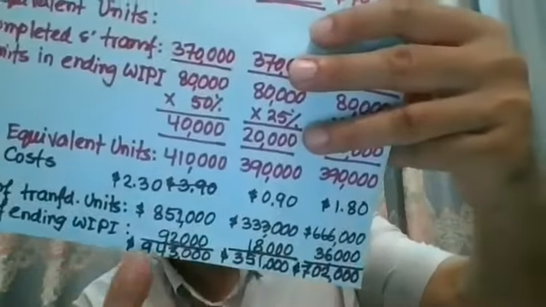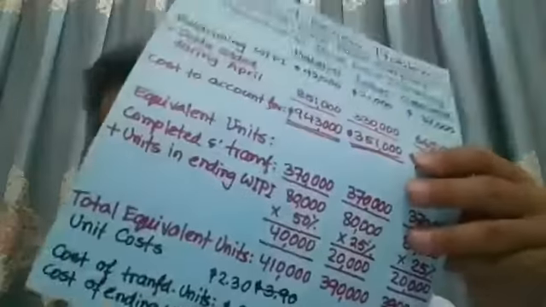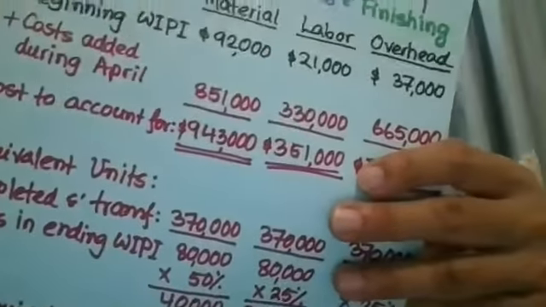And then what we still have is 80,000 units. So 80,000 times 50% is 40,000. So 40,000 times $2.30 is $92,000. So there's the total material cost of the ending work in process inventory at the end of April in the base department. And then the same here, the number of units is 80,000.